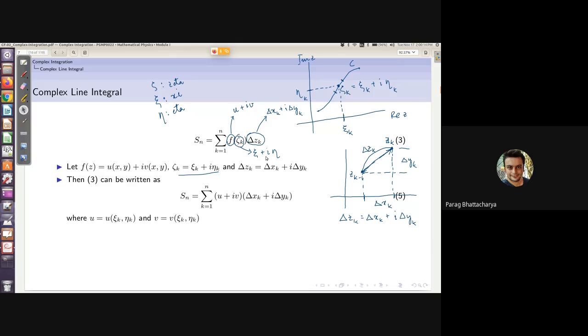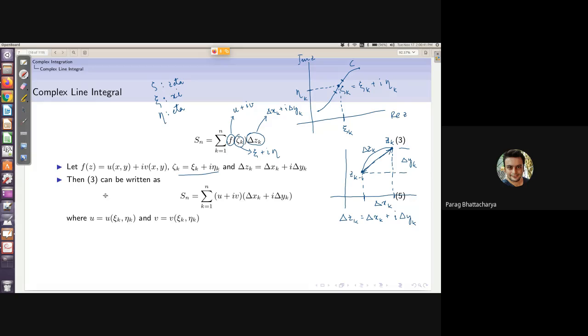So now all we need to do is just write this back in equation number 3. In equation number 3, we write it like this. So f is written as u plus iv, and delta zk is equal to delta xk plus i delta yk. Now here u is a function of x and y. That means x and y, I'm replacing with xi and eta. Similarly here also, v is a function of x and y.